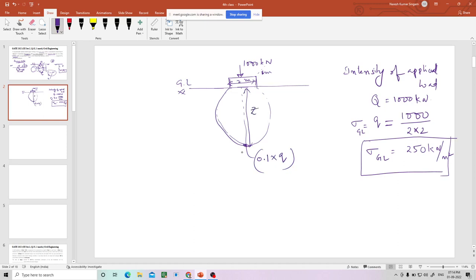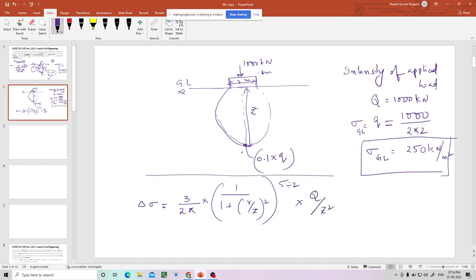So what do we know? This is all increment in stress. We know the formula for delta sigma according to the Boussinesq theory: 3 by 2 pi into 1 by 1 plus R by z whole square to the power 5 by 2, into q by z square. This is the formula for increment in stress at any depth.